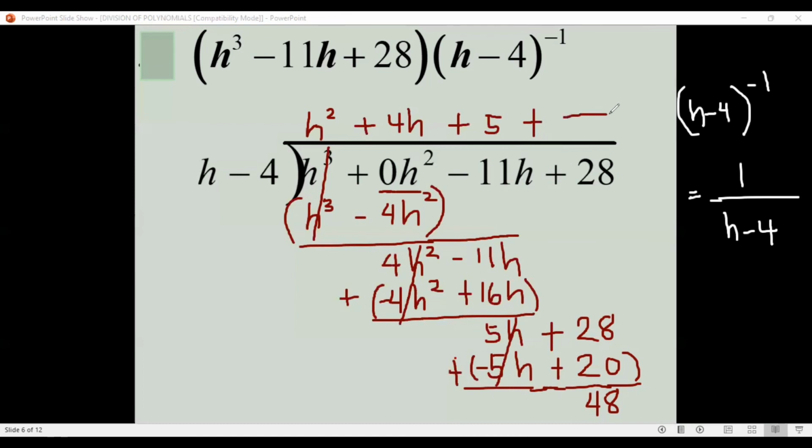Okay, this will now be the numerator, so 48 over your divisor, which is h minus 4, will just be copied, so h minus 4. Okay, remember that one because this is actually comparable to changing an improper fraction to a mixed number.